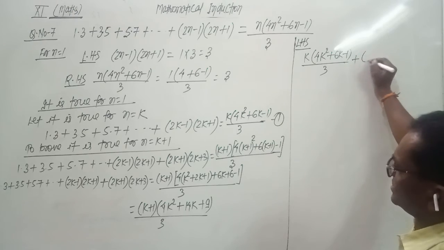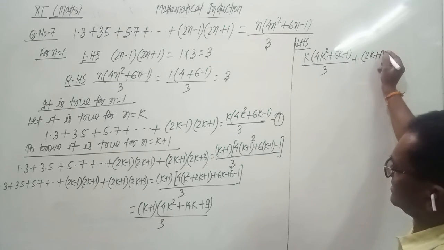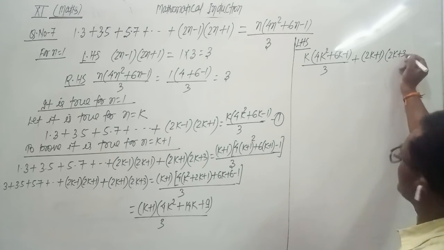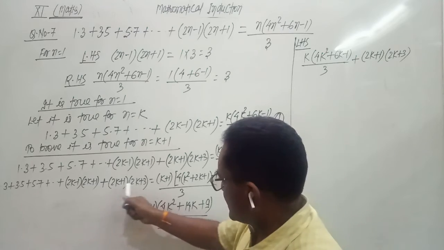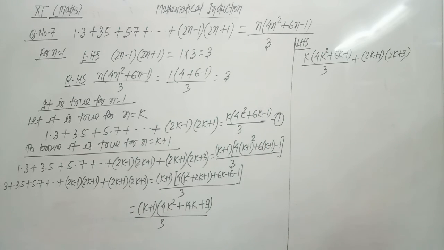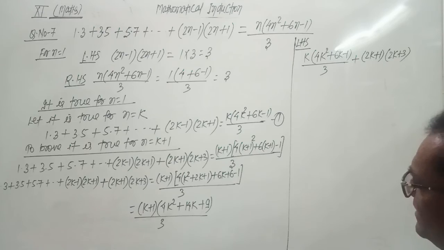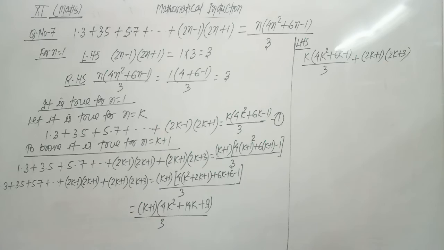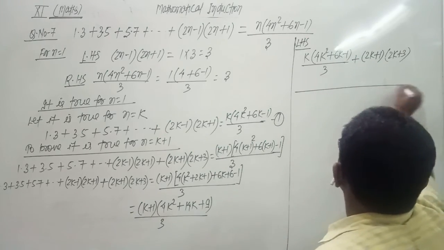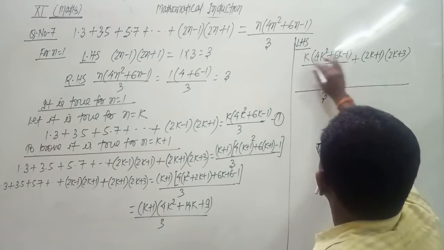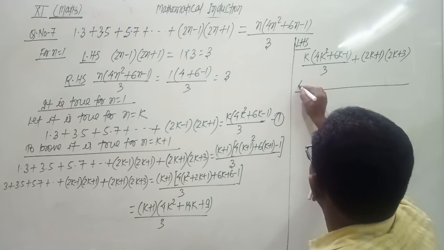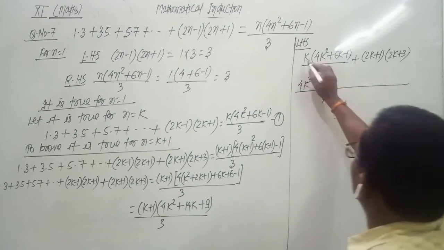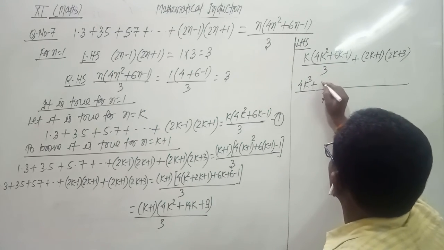So plus 2k plus 1 and 2k plus 3, as it is. Then we take LCM. So LCM will be 3 and this term is multiplied by k. So 4k cube.